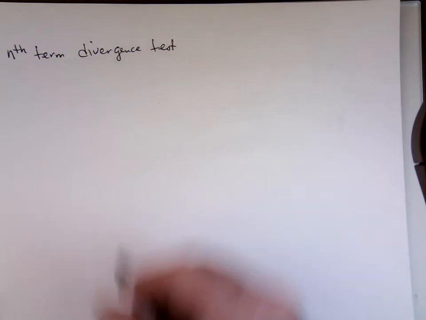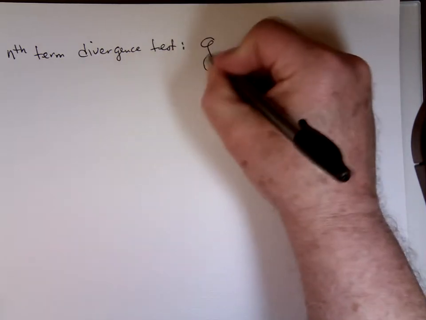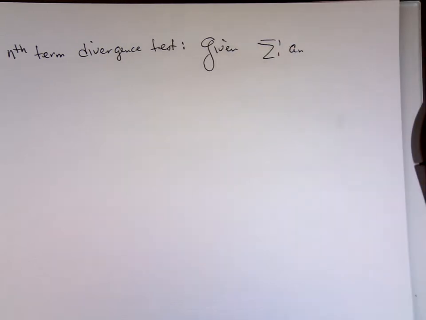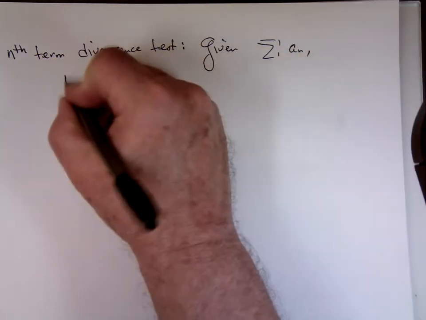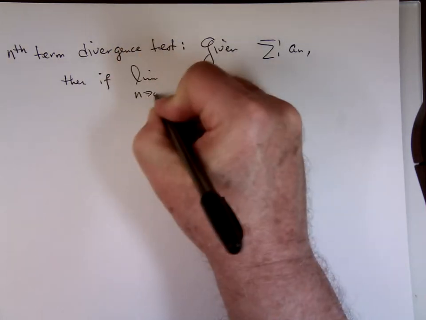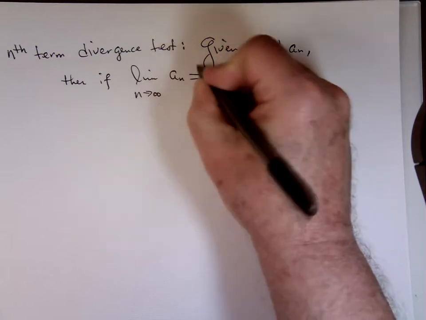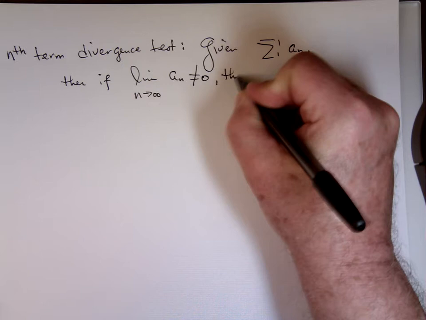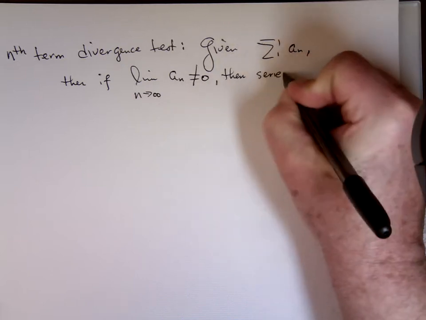It says this: given an infinite series, and all the series we're talking about are infinite series here, if the limit as n goes to infinity of a sub n is not 0, if the nth term is not going to 0, then the series diverges.